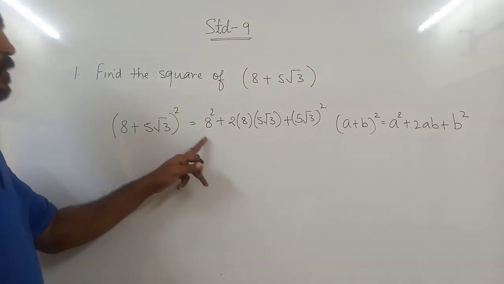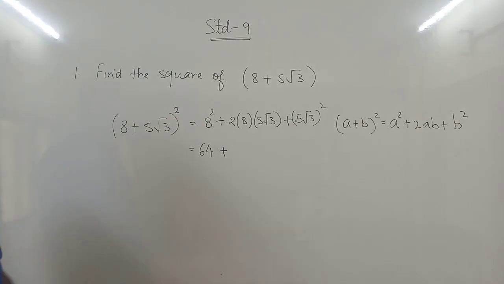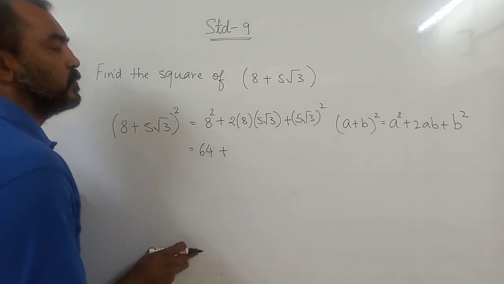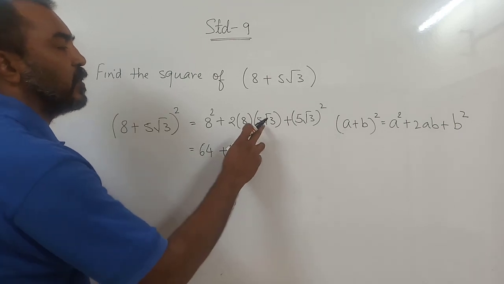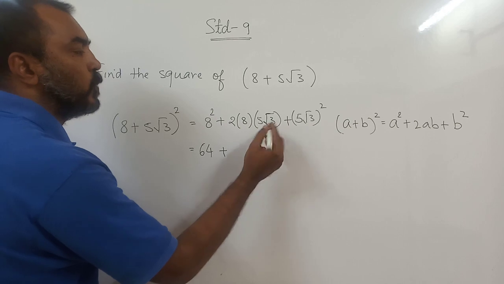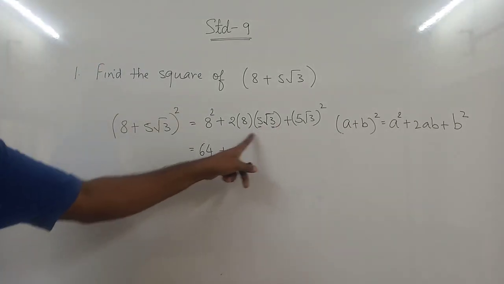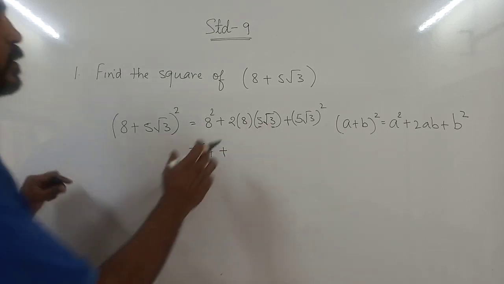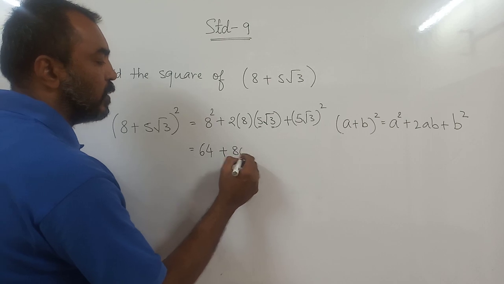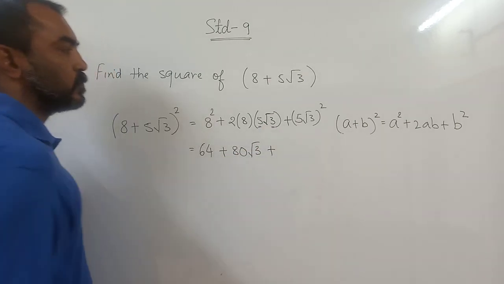Now let us solve. 8 square is 64. Then 2 into 8 into 5 root 3. So 2 8s are 16. This is an irrational number made of two parts, a rational part and an irrational part, so you can always multiply the rational part but not the irrational part. 2 8s are 16, 16 5s are 80, and root 3 is the irrational part, so 80 root 3.